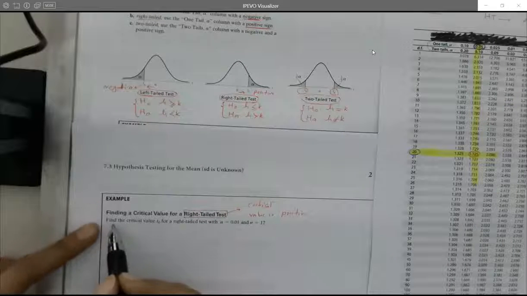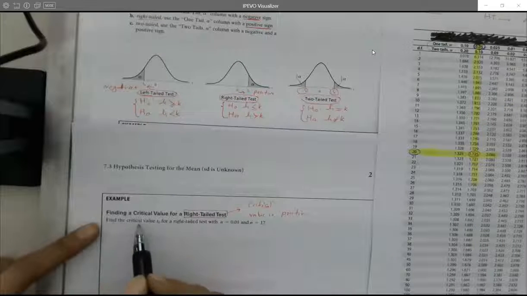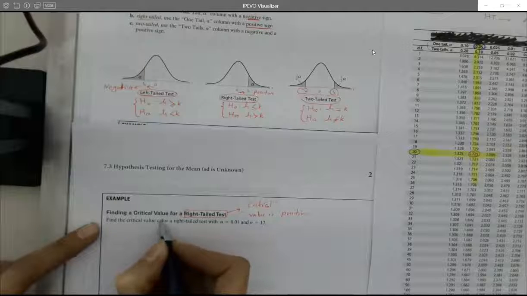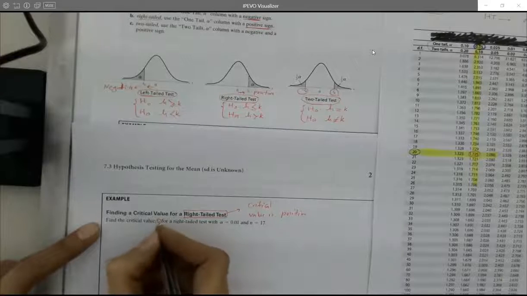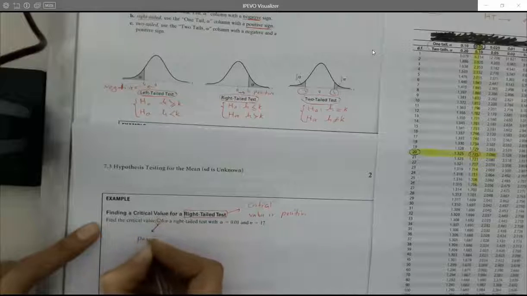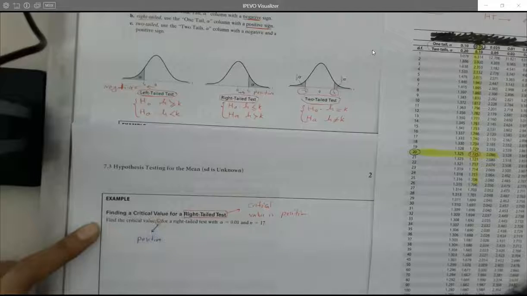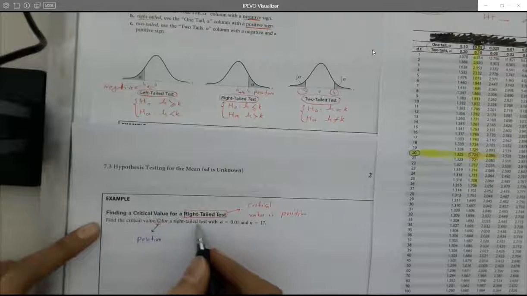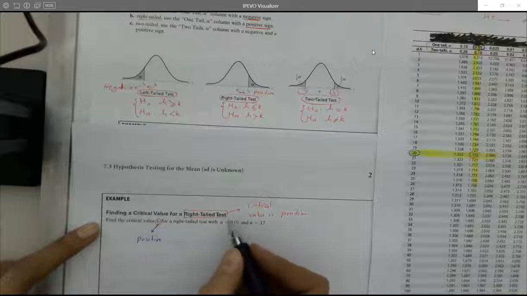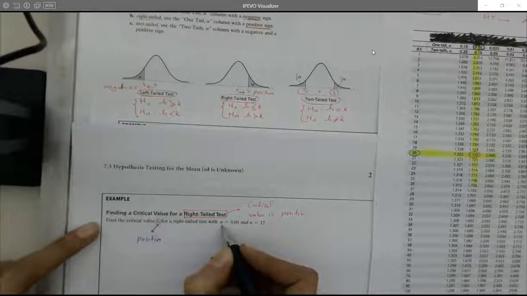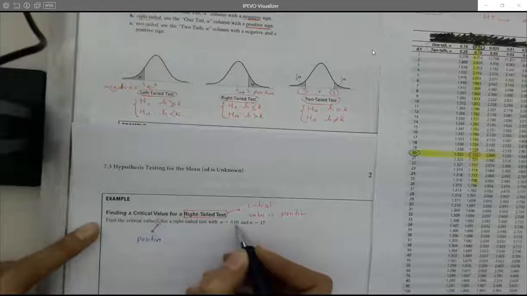Let us read this. Find the critical value t sub 0, which is positive, for a right-tail test with level of significance alpha equals to 1%.